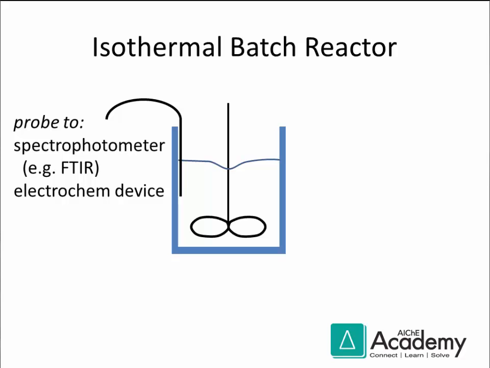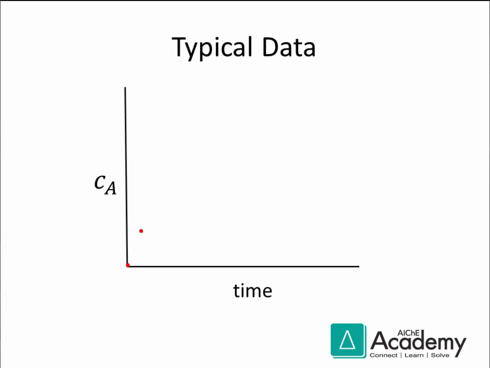If you can't take measurements in situ, you will need to take samples, quench them to stop the reaction from proceeding further until you can take measurements, and then measure a concentration offline with something like an HPLC or a GC mass spec. This can be incredibly time-consuming, so it is better to find a way to measure a concentration in situ if you can. Eventually, you will end up with concentration data at various points in time.